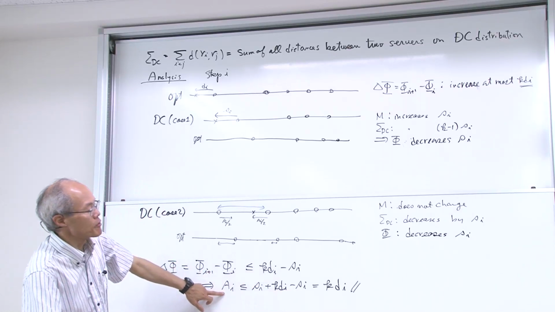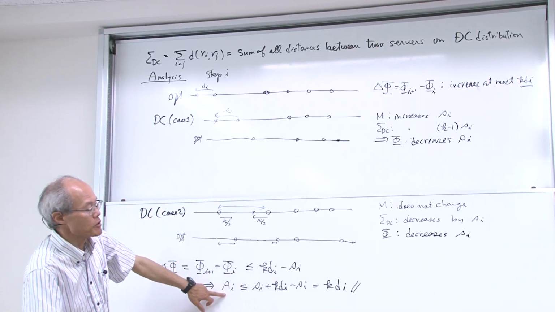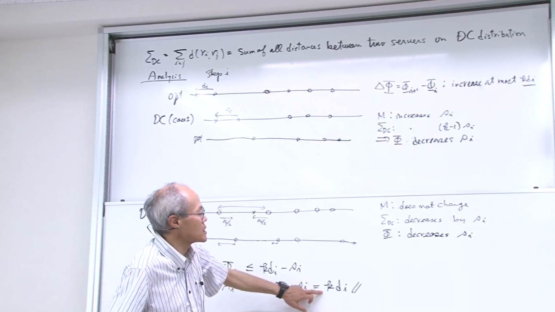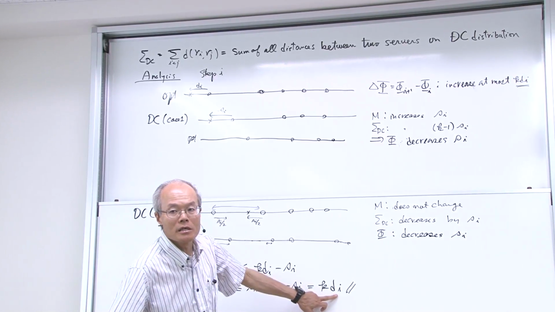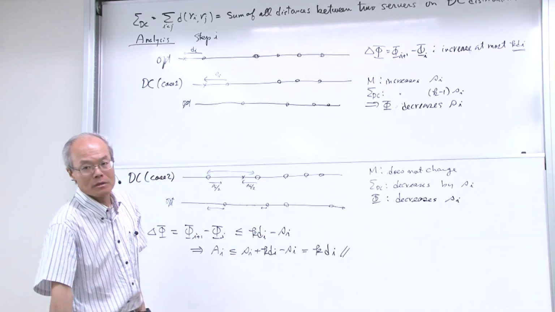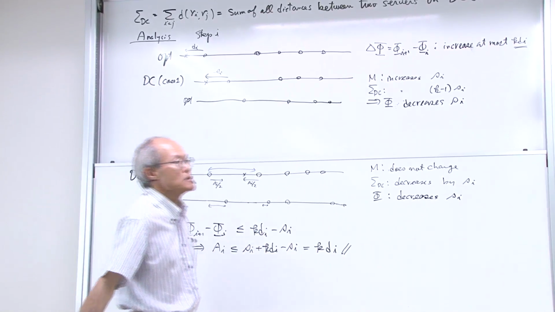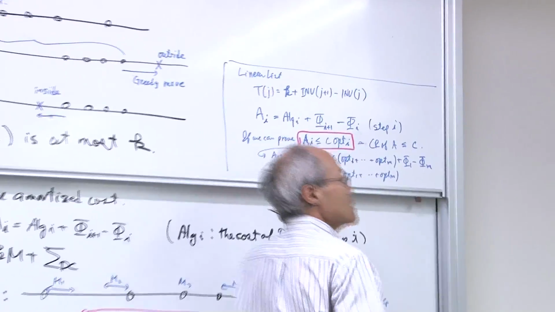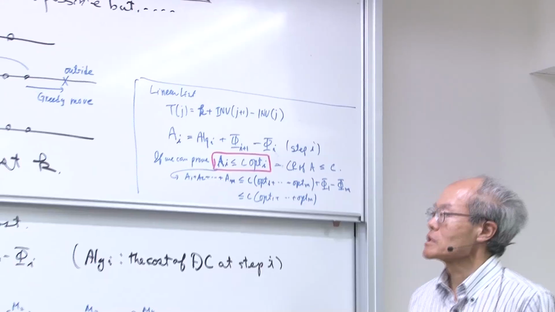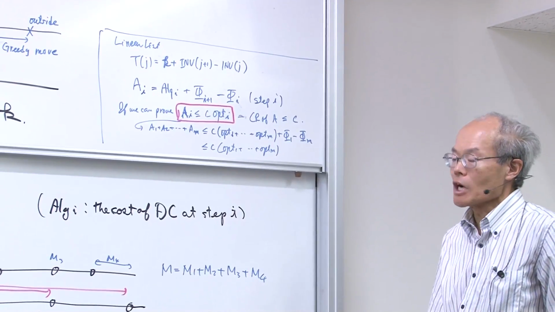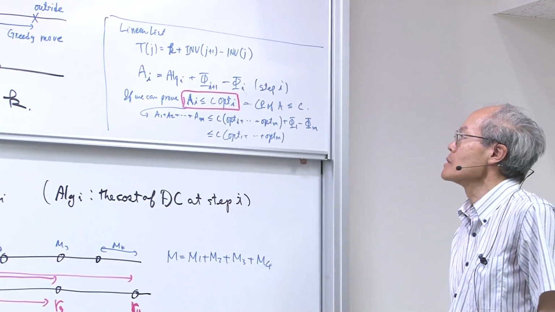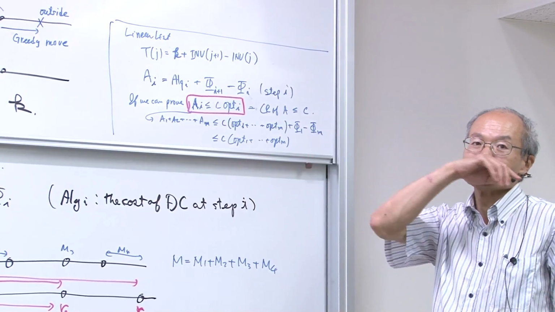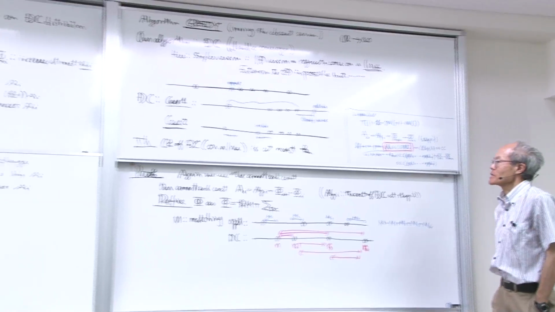And this is just a simple calculation, and exactly, the amortized cost a_i is at most k times d_i. d_i is the cost of opt. That means we are done. The cost of the algorithm at step i is at most c times, in this case k times, the cost of opt, that is d_i. Okay, so we are done.